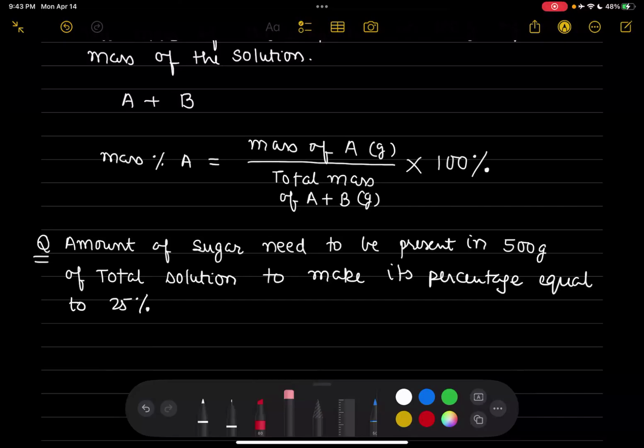Very basic question. So 500 gram is the total mass. The mass percentage of sugar is 25%. How much sugar and how much water do you need to take? You can do it for the sugar, subtract it from 500, and you will get it for water, if they ask.